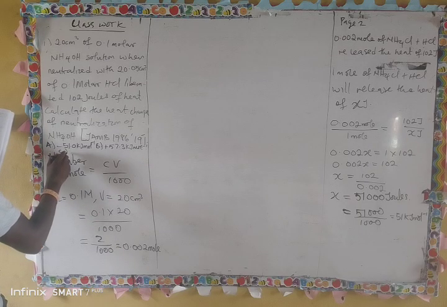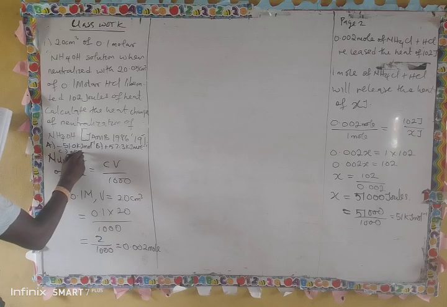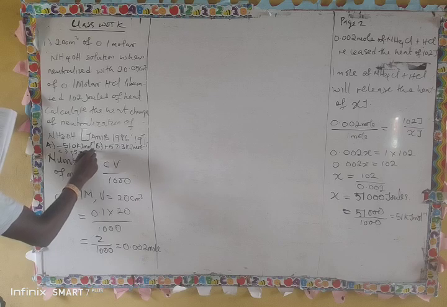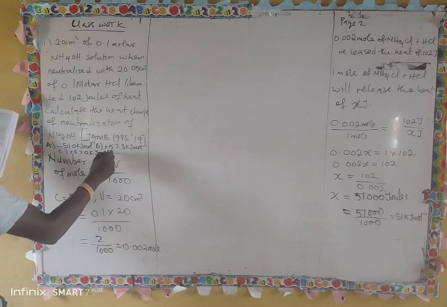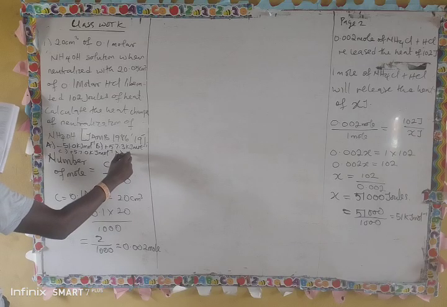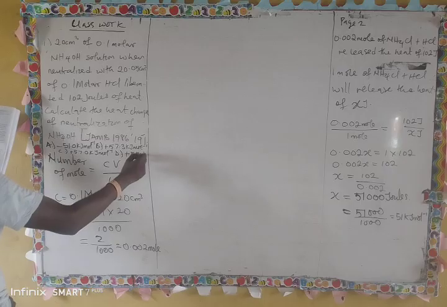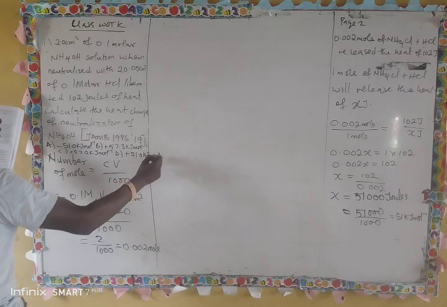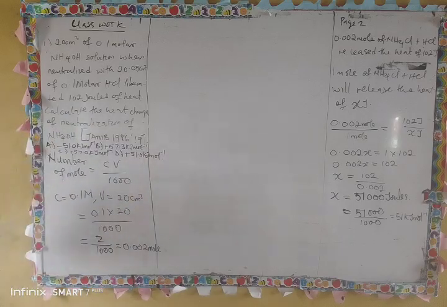C, plus 57.0 kilojoule per mole. D, plus 51.0 kilojoule. What do you think will be your answer? What did we get? 51. We got 51, which is plus.